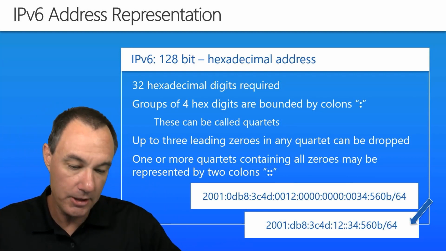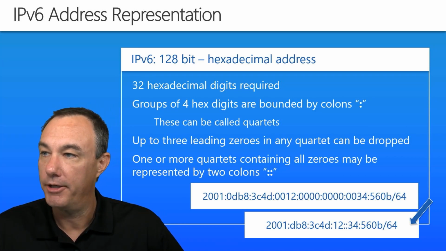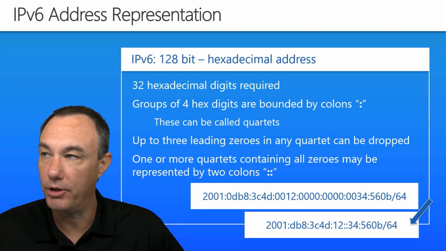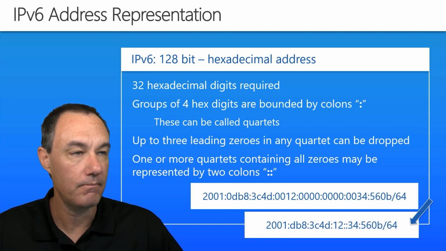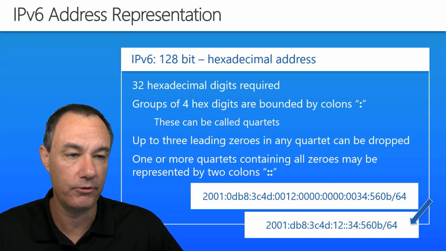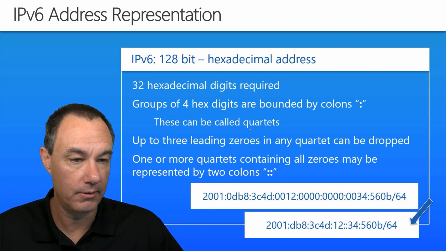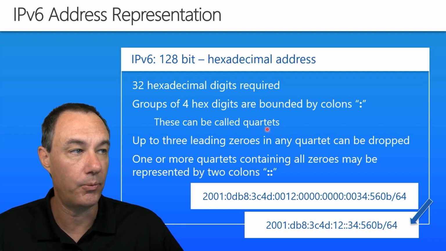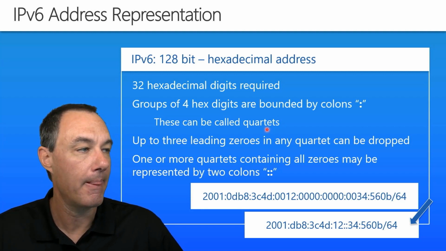So in deeper examinations that are focused on IPv6, what we will train you is this: you can drop off leading zeros in what are called quartets. A quartet is a grouping of 4 hexadecimal characters. One thing that's interesting is that it is an unofficial term, at least it was when we in the industry started using it about 20 years ago.